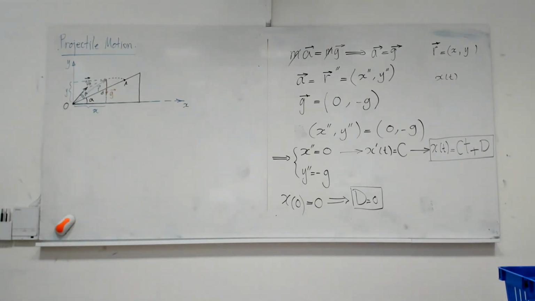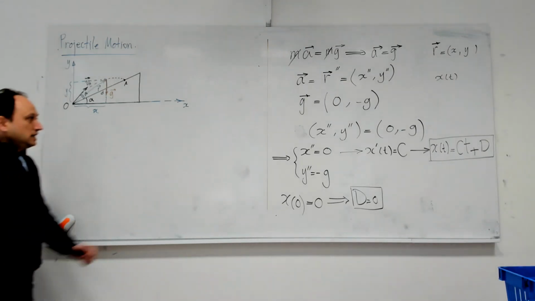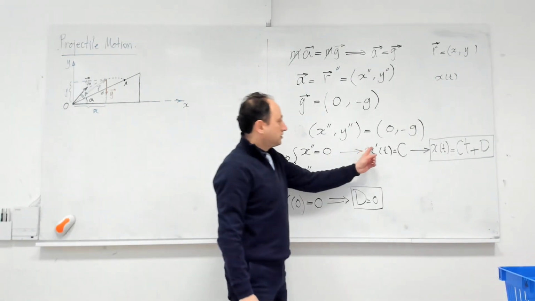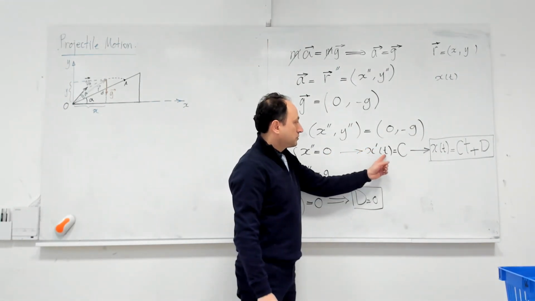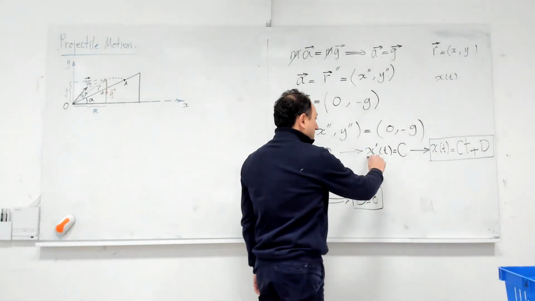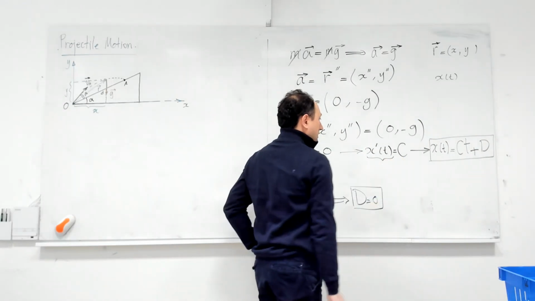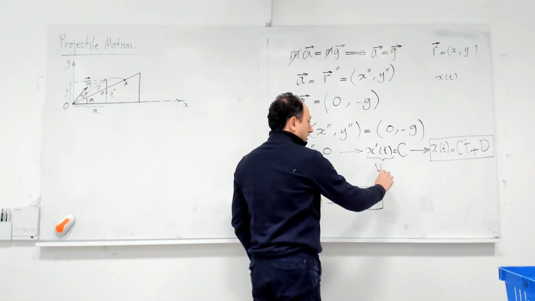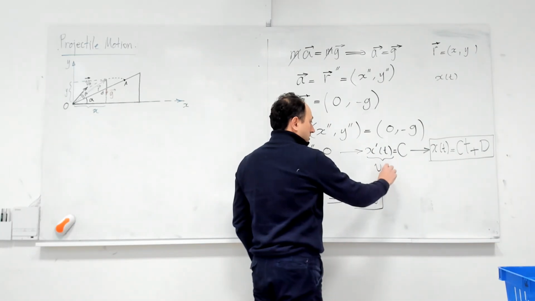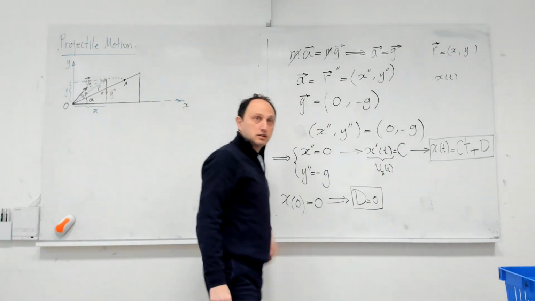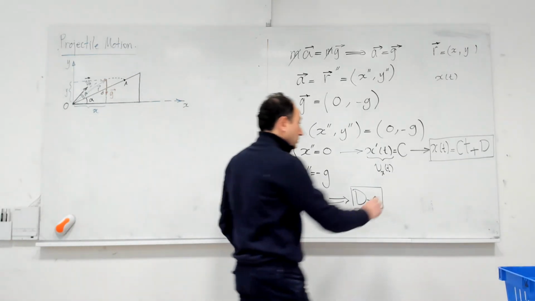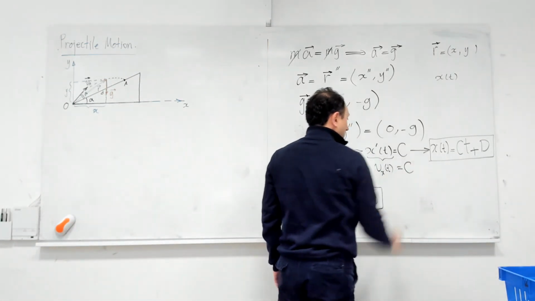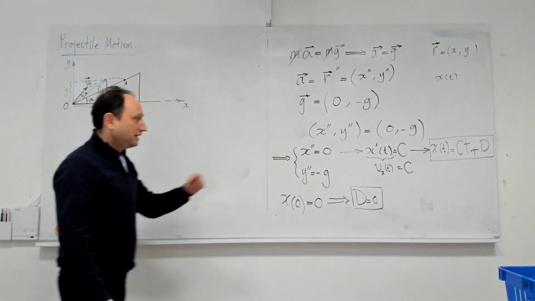But what about c? You see, c is the derivative of x with respect to time. What is the derivative of x with respect to time? It is actually the velocity on the x-axis. Yes? Is that understandable? And that is supposed to be equal to c. And by the way, this is very interesting.